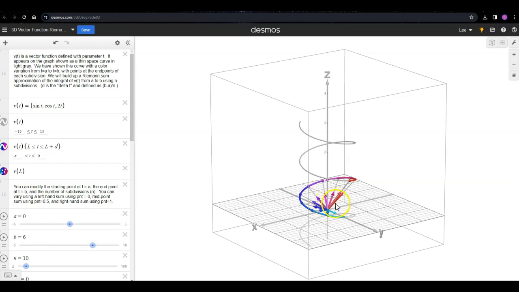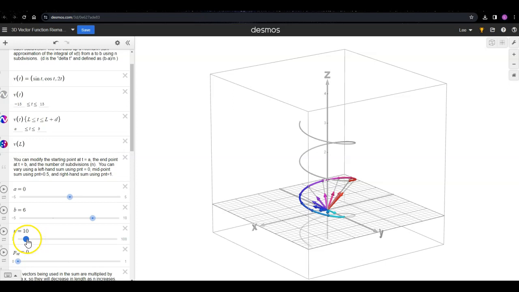This time, though, we're going to want to integrate and see what happens if I integrate from a to b. What do you do when you do an integral? You chop up something into a bunch of pieces and you add up those pieces. So I've chopped up this curve into a few different pieces. Right now we have it at 10.